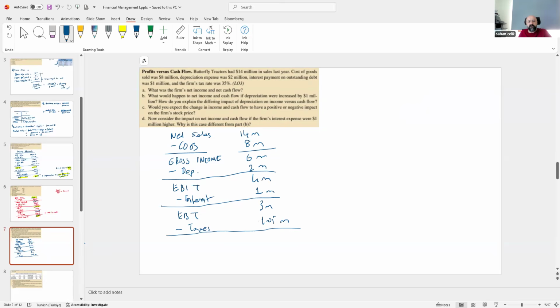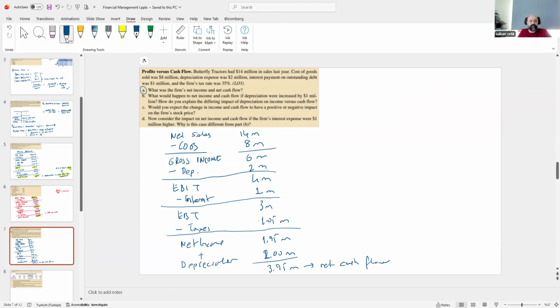And this is equal to net income, which is 1.95 million. So for A here, net income I calculated, and for cash flow, you should add depreciation back. Depreciation, which is 1 million, not 2 million. So the result will be 3.95 million, which is net cash flow.